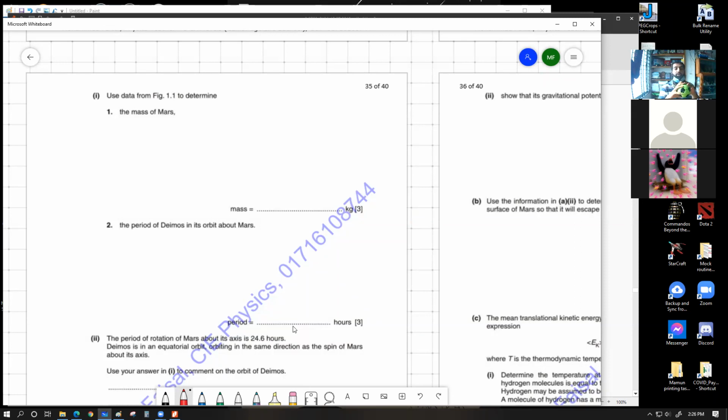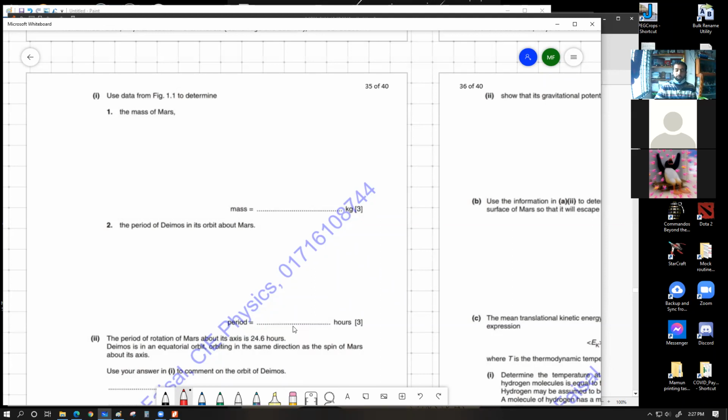So who will complete one full rotation earlier? The one that takes less time. Deimos goes around the equatorial orbit in 23 point something hours, so it moves a bit faster compared to the rate of movement of the equator.